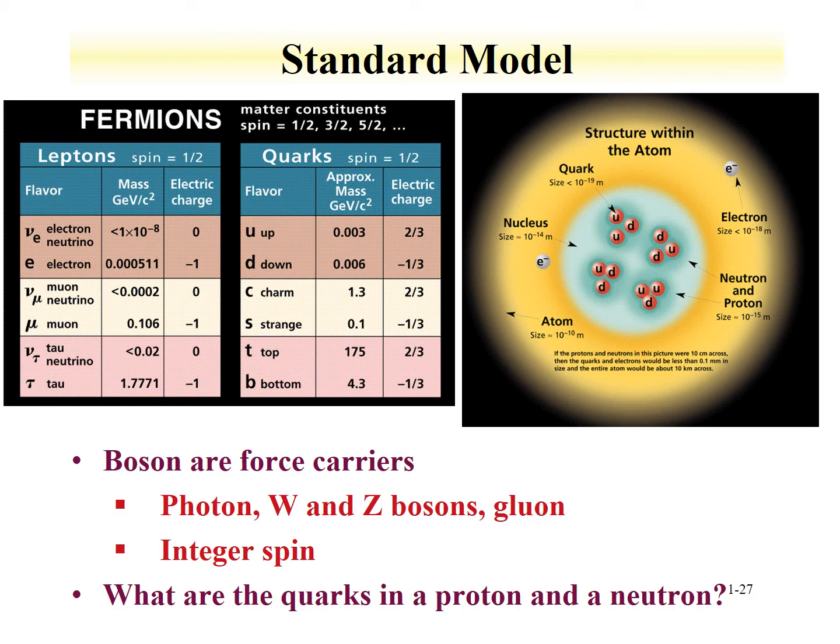As an example from this, what are the quarks in a proton and a neutron? As shown here, there's 2 up, 1 down quark in a proton. So the up has a charge of 2/3. The down has a charge of -1/3. And if I had something that had 2 ups and a down, I'd have a charge of 1.